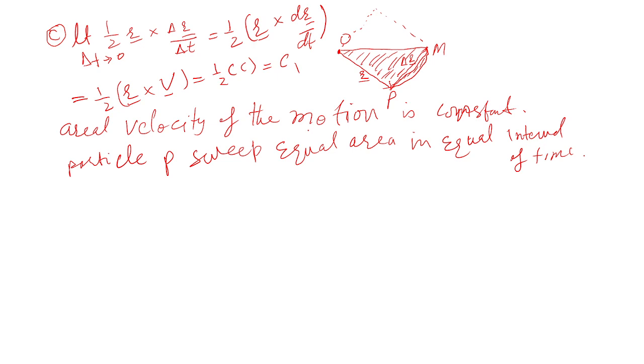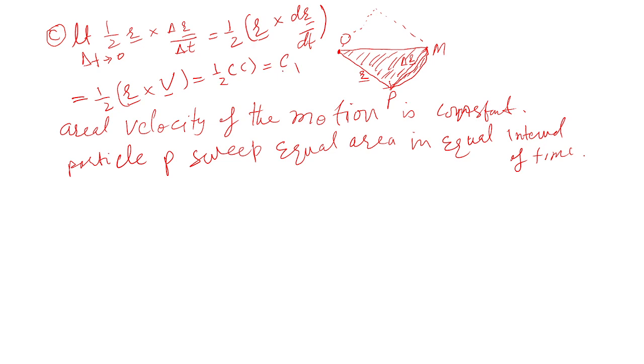Kepler says that the planet moves around the sun in an elliptic orbit, and the planet sweeps equal area in equal intervals of time. So this is areal velocity. Areal velocity is constant.